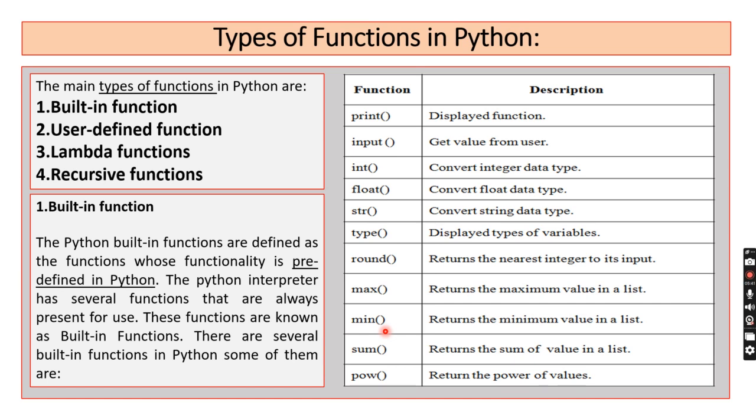Min function is used to get the minimum value in the list. Sum function returns the sum of values in a list. Next, power function is used to return the power of values. These are some built-in functions. These are already predefined in the Python interpreter, so these functions are known as built-in functions.